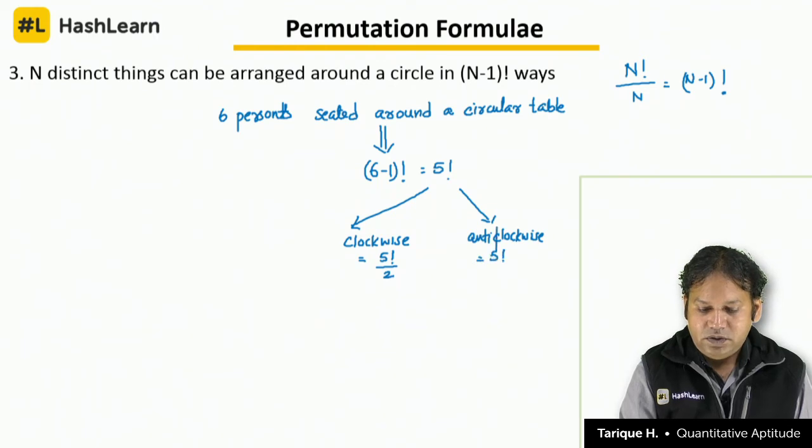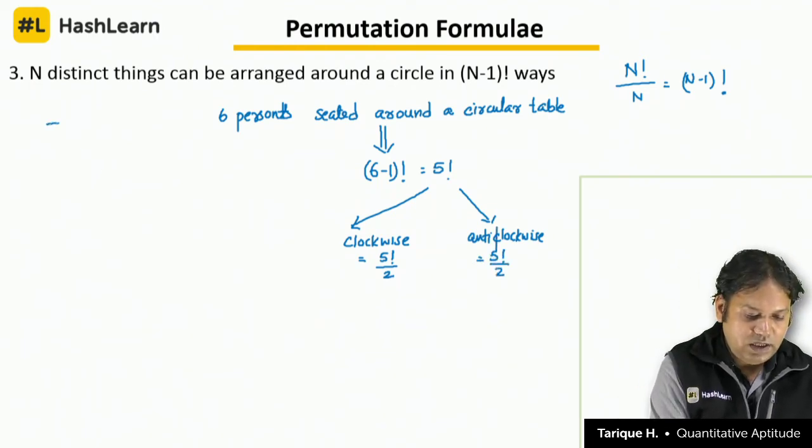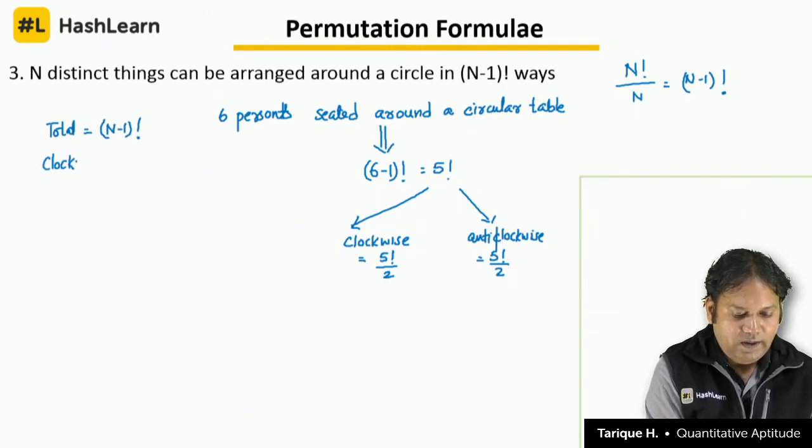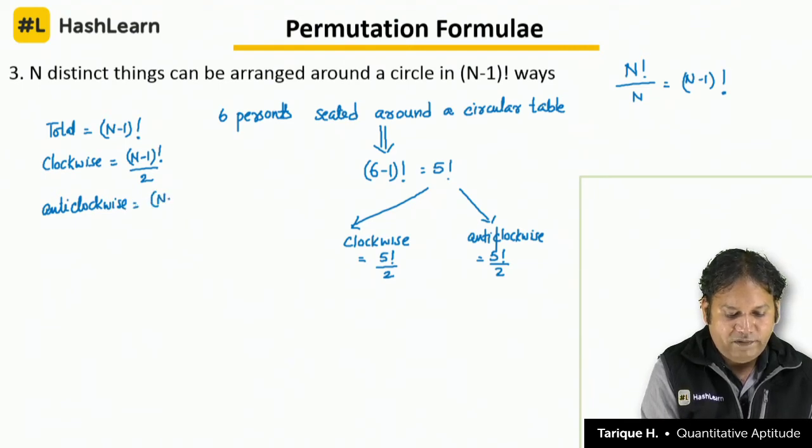So, total number of arrangements is n minus 1 factorial, and clockwise arrangements equal n minus 1 factorial by 2, and anti-clockwise also equal n minus 1 factorial by 2.